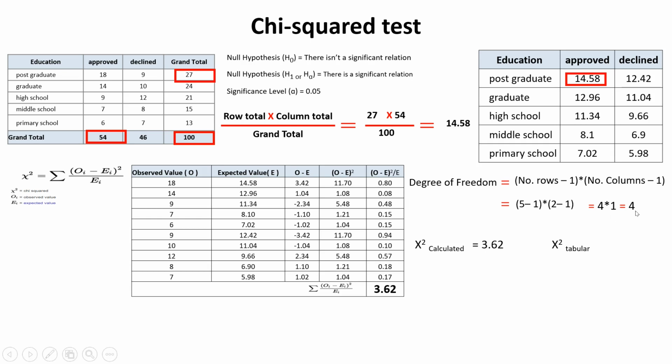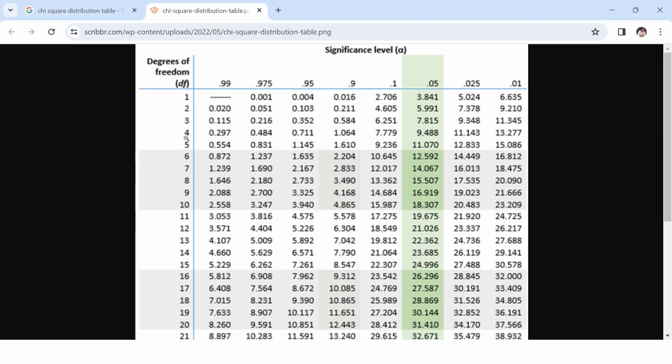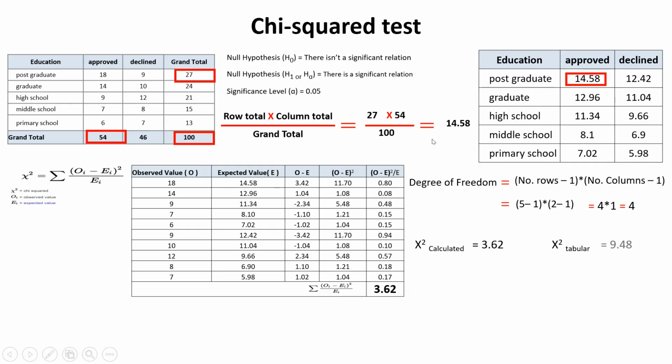First is degree of freedom, and second is significance level. Significance level we have 0.05 and degree of freedom we have 4. Let's go to the table and find degree of freedom. Here we got 4 and significance level over here 0.05. This is the intersection of both, which is 9.488. This is the value for chi-square tabular.